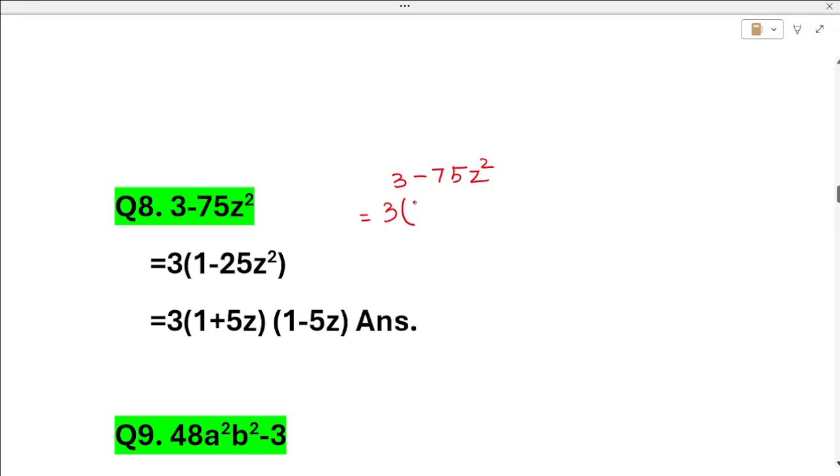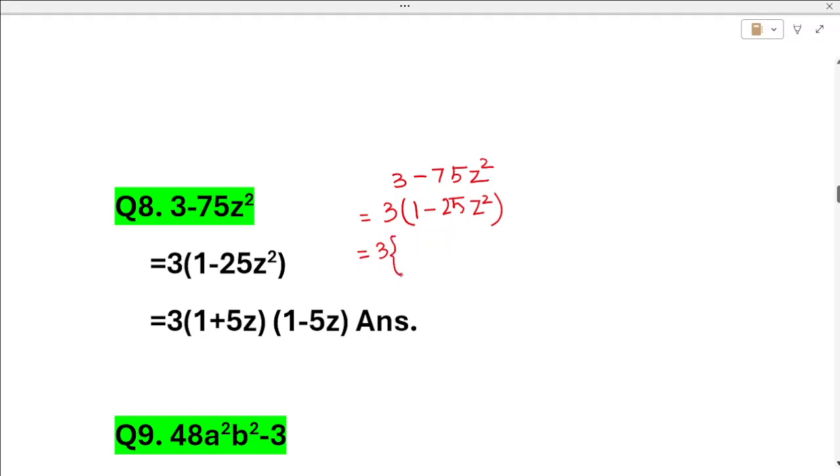Now inside the bracket it would be 1 minus what, 25, since 3 times 25 is 75. Now you can express this term as a square of some different terms.